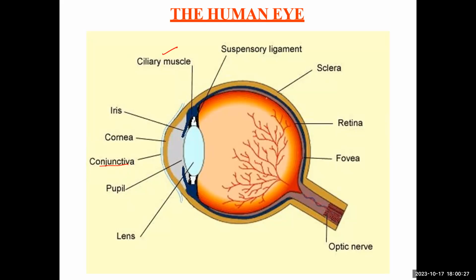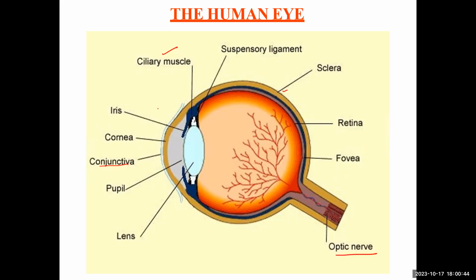Then coming to the back, behind this particular eye, you can see there are parts like this one, which is called the sclera, and then comes the retina, then fovea, and the last part is the optic nerve.